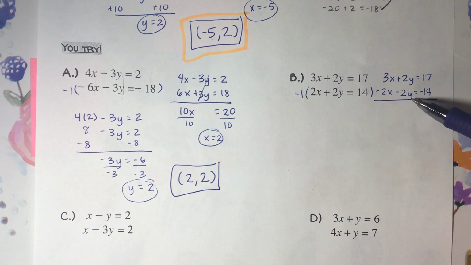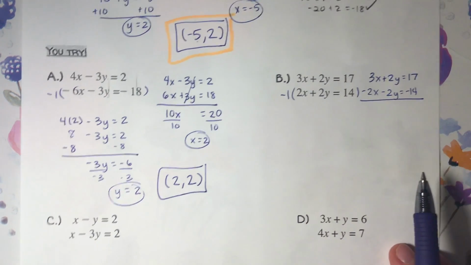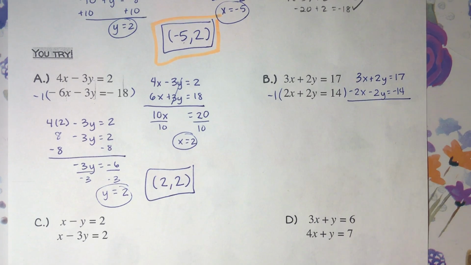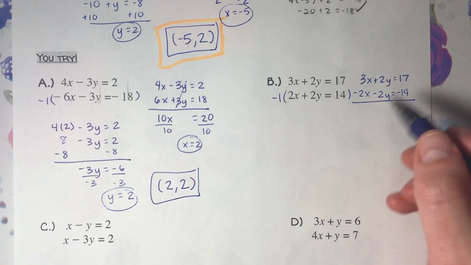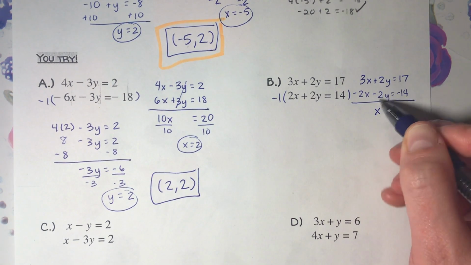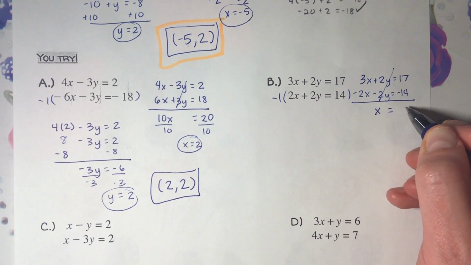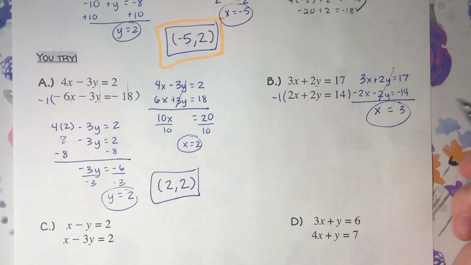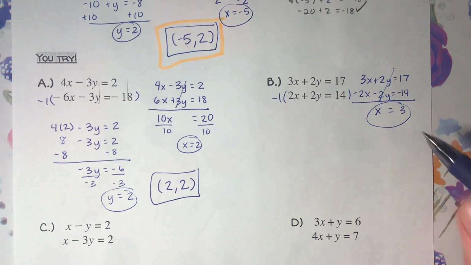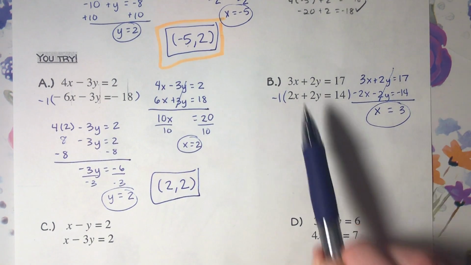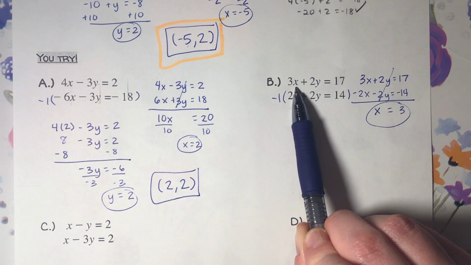Now that this 2y and negative 2y are opposites of each other, I'm going to be able to eliminate them. So 3x and negative 2x just gets me x. Those cancel, and that's equal to 3. X is already isolated. I'm moving on to figure out what y is. I'm going to take this x equals 3 and stick it back into this top equation.